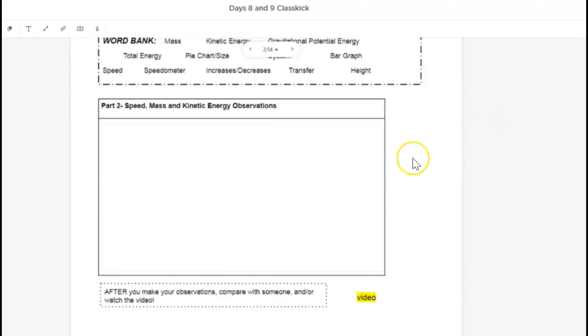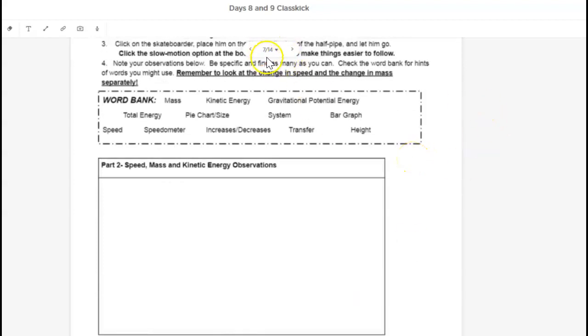So back to slide 7. What are your observations? I would say when he's very small, the total amount of energy in the system is small. And when he is going at the highest speed, all of his energy is kinetic energy. When he is at the top of the ramp, all of his energy is potential energy.